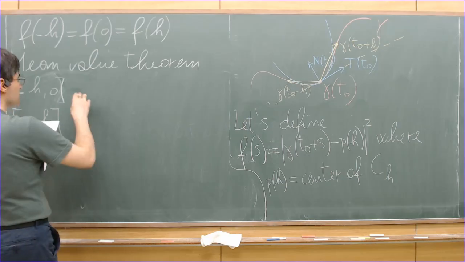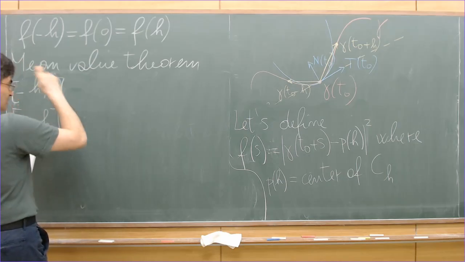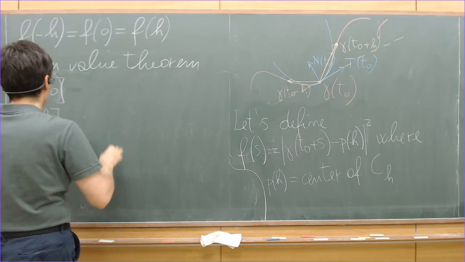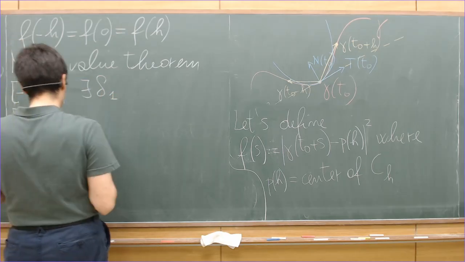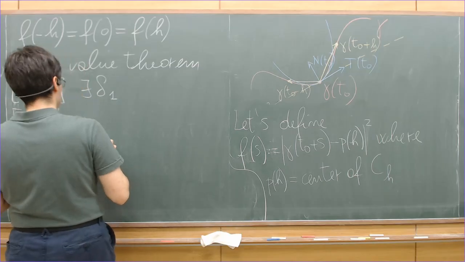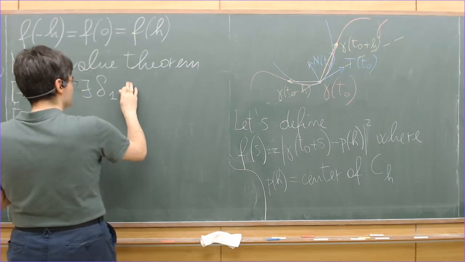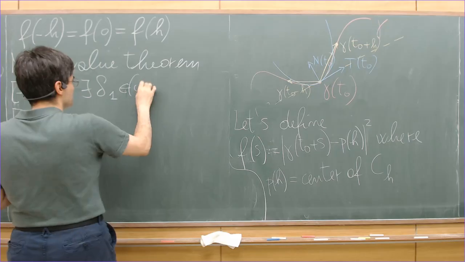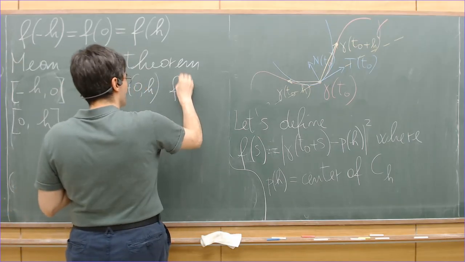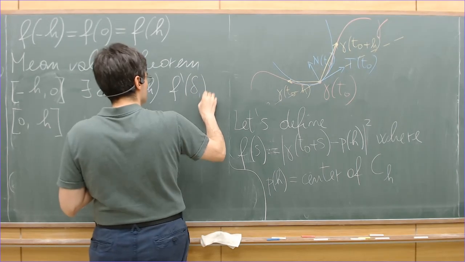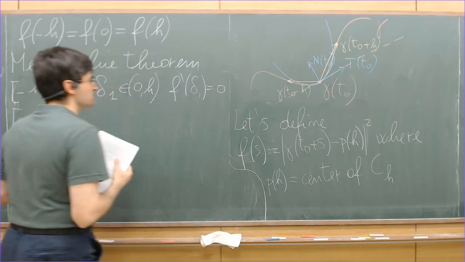As a result of the first application, we get that there exists delta 1 in minus h, 0 such that f prime of delta 1 is 0.